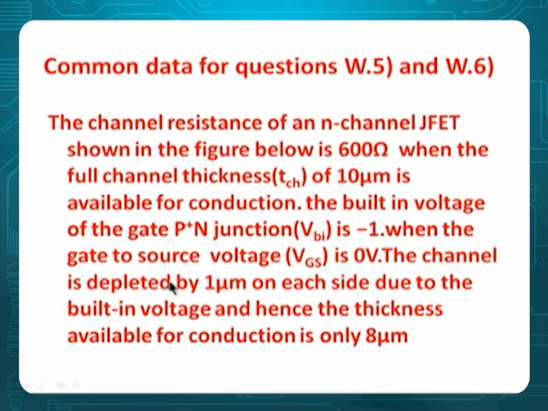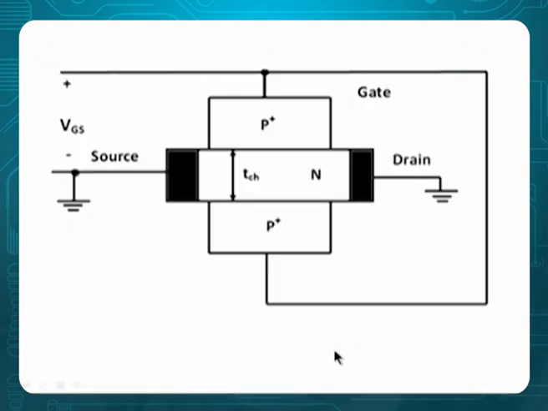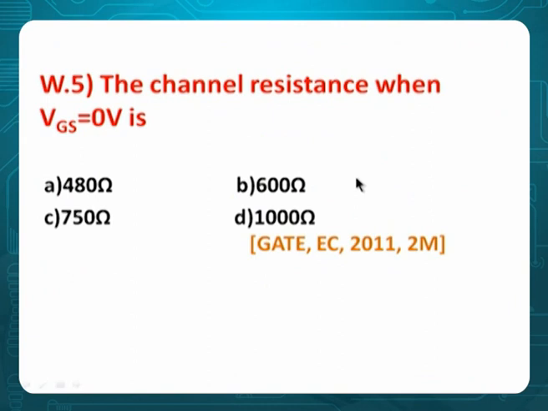The channel is depleted by 1 micrometer on each side due to the built-in potential, and hence the thickness available for the conduction is 8 micrometer. This is all the data given for us, and this is the thickness of the P plus and N channel here. Now the question.